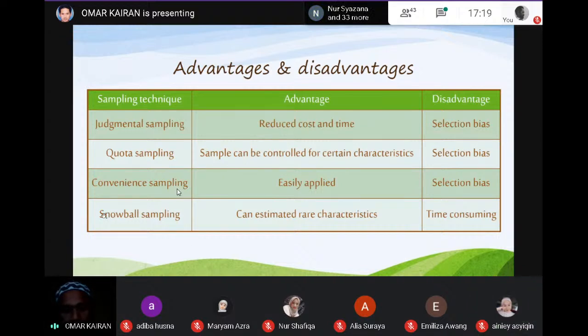And then snowball sampling, advantage dia adalah can estimate rare characteristics. You can trace the rare characteristics by using snowball sampling. Macam tadi lah, drug addicts, benda-benda yang orang selalu rahsiakan ataupun susah kita nak tahu.